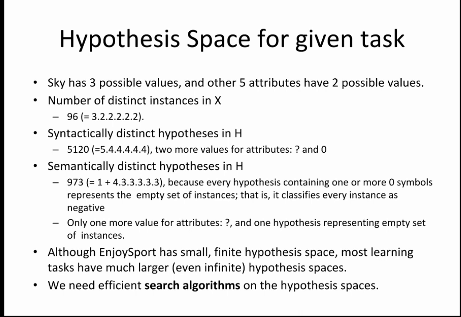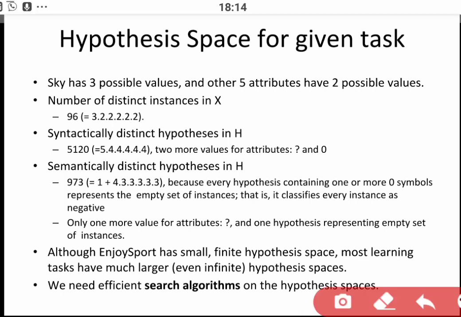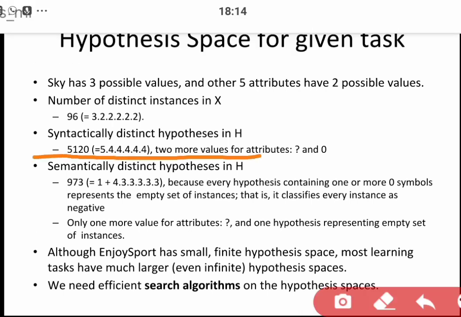So in total, the number of hypotheses that are syntactically distinct is 5120, right? It is simply a permutation combination that we generally use. So based upon these values, we could have this number of hypotheses possible, out of which you need to find the specific hypothesis small h that could approximate your target function, that is nearest to your true target function.